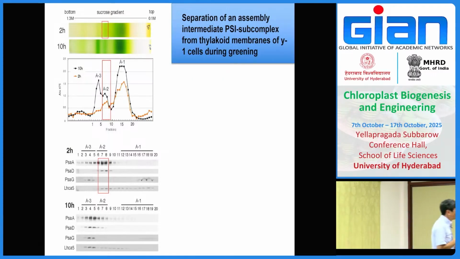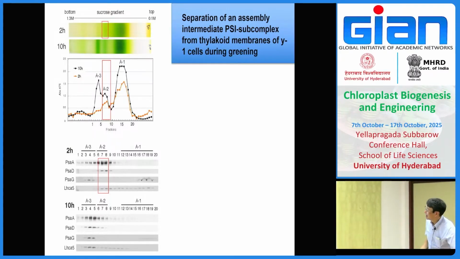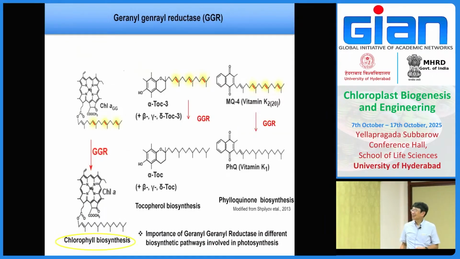One question: GGR is involved in vitamin K and tocopherol biosynthesis also. So what happens in the mutant? That also gets affected? Since the detection of vitamin K, phylloquinone, was difficult, this time we didn't analyze it carefully. Because to be honest, from the beginning of our experiment, we didn't think about others.